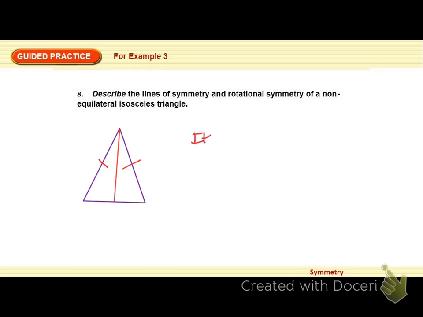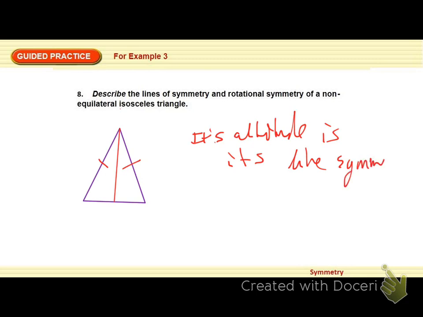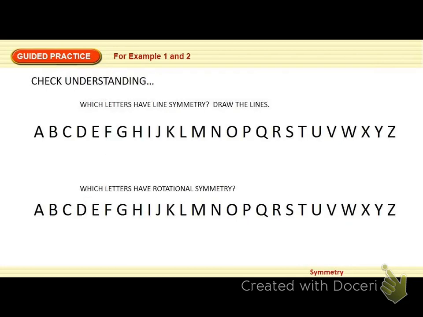So its altitude is its line symmetry. But there's not going to be any rotational symmetry. Right? Because there's only one line of symmetry. 360 divided by 1 is 360.